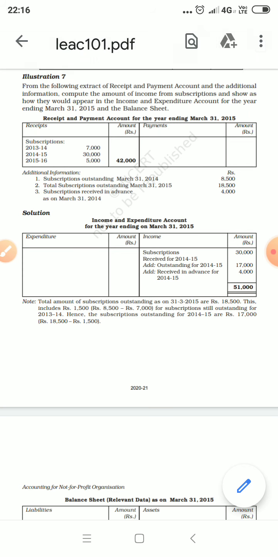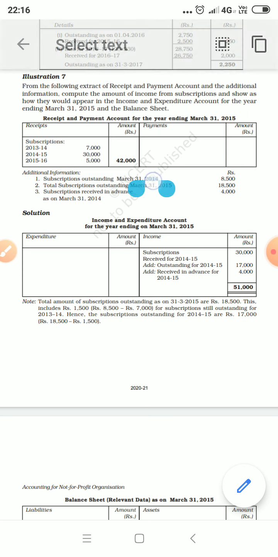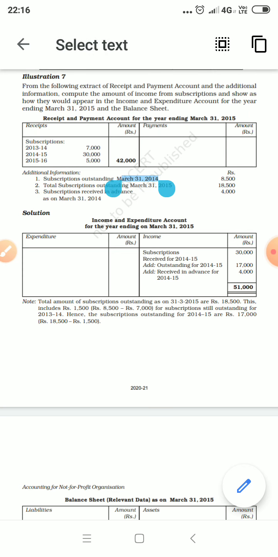Now proceeding. Subscription outstanding March 31st 2014, that is previous year's outstanding, is 8,500. Total subscription outstanding for March 31st 2015, this is the total subscription as on current year's last day, 31st March 2015, is 18,500.